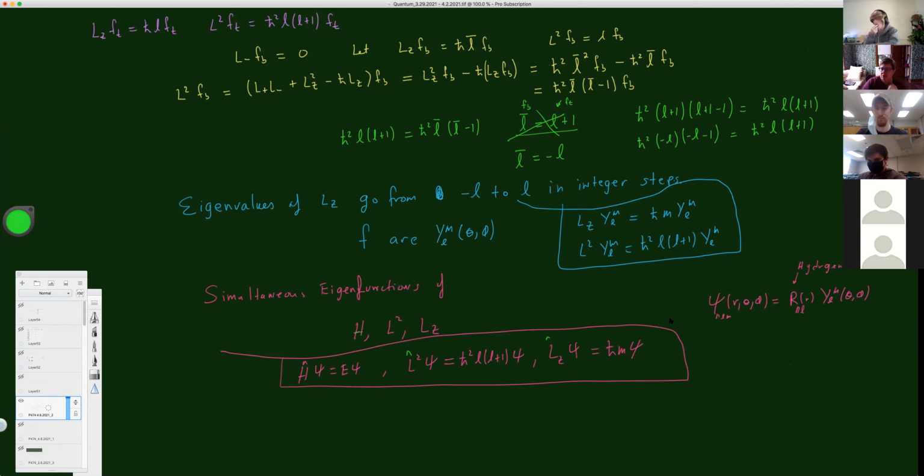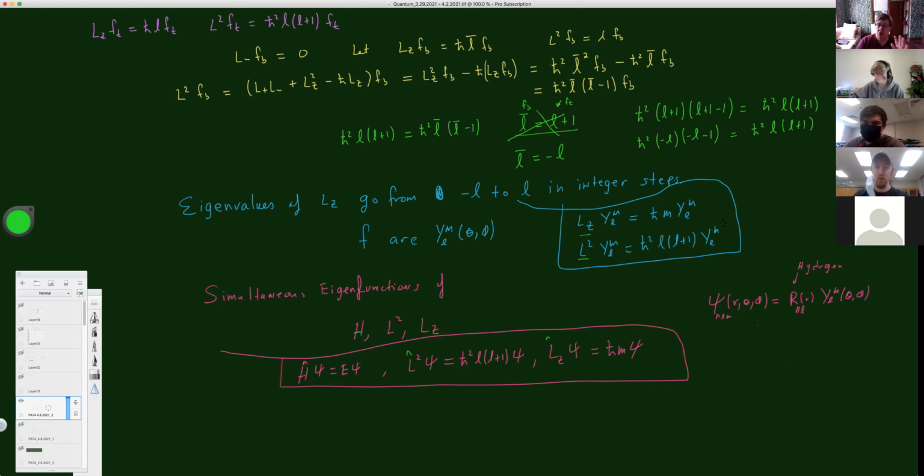All right, so just like before we said, for the hydrogen atom, there is some R that depends on both the n, which determines the energy, and l, which is the angular momentum quantum number. But the eigenfunctions of these 2 things are the Y_lm, the spherical harmonics, right? And recall that that is going to be true no matter what the system is, as long as we're in spherical coordinates.